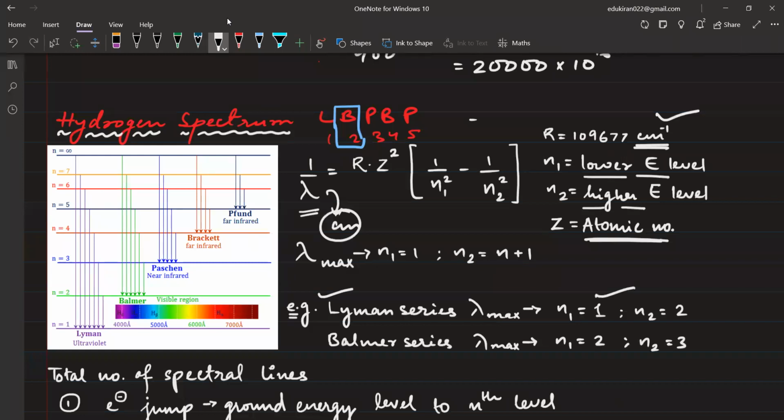That will be 1, and n2 will be 2. For Balmer series lambda max, n1 will be 2, और n2 will be 3. Write this: n1 will be n and n2 will be n plus 1.